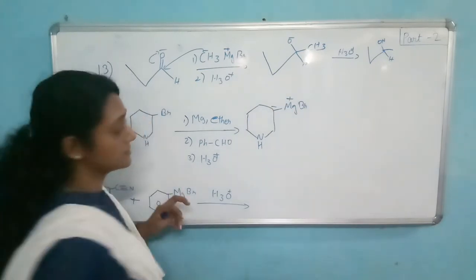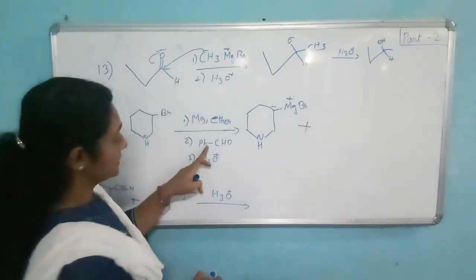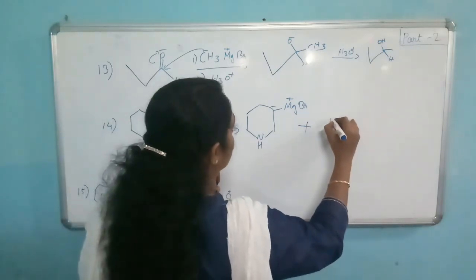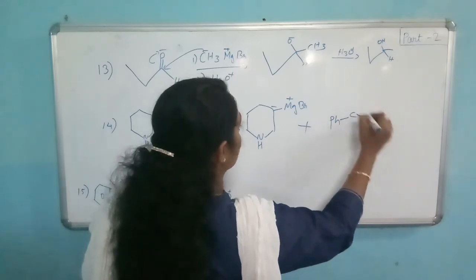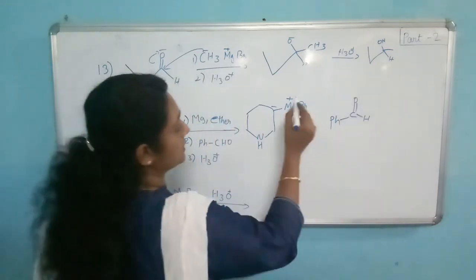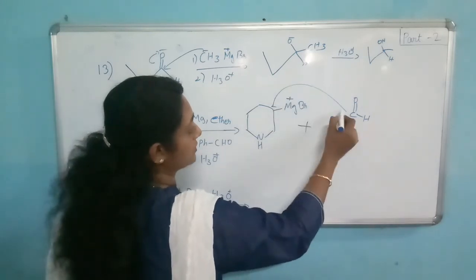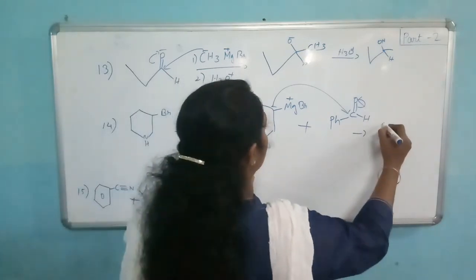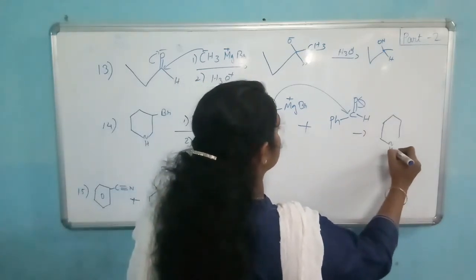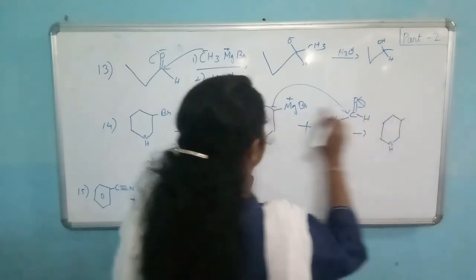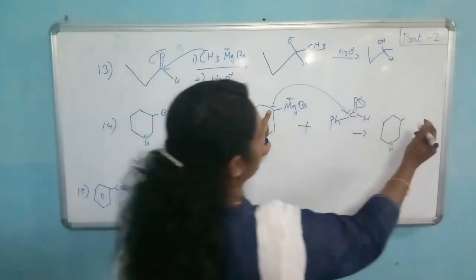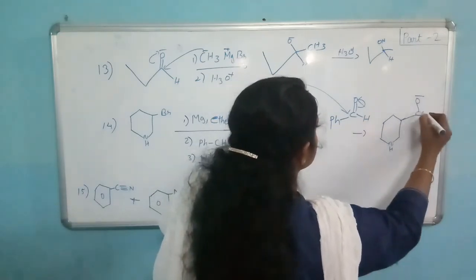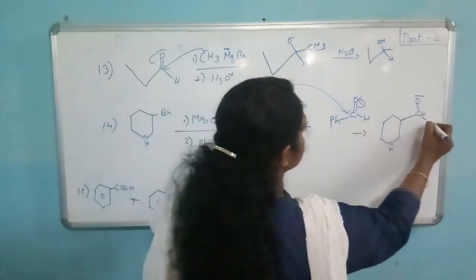Mg plus, the carbon gets a negative sign, and the second reaction is reacting with the aldehyde CH double bond O. This negative charge attacks the carbonyl carbon, the oxygen gets a negative charge, and we get NH, this carbon attacks the phenyl carbon, CO minus H, we get a Ph.